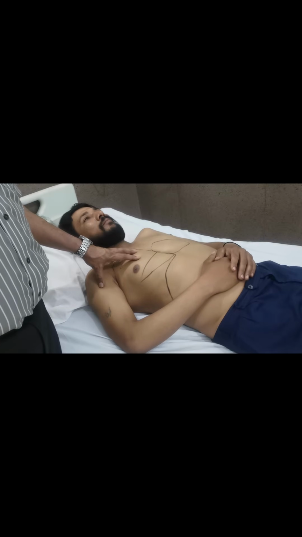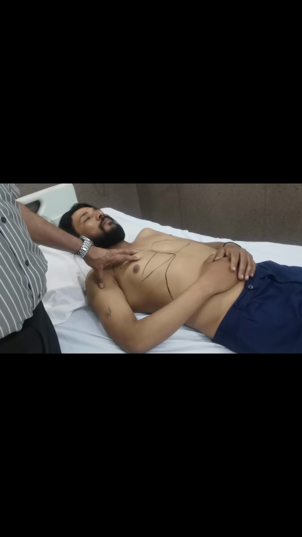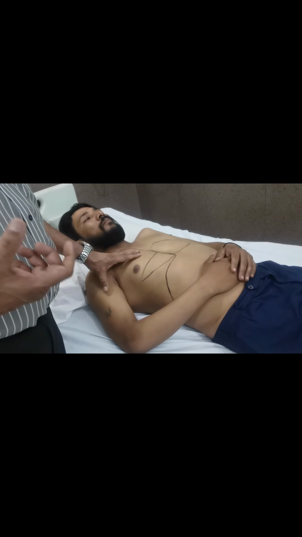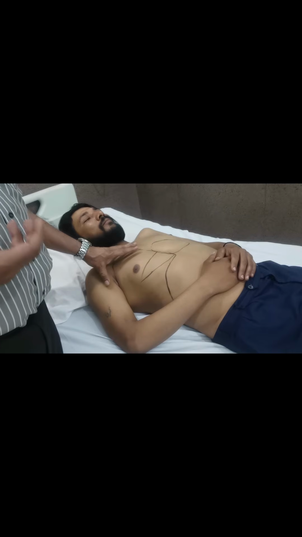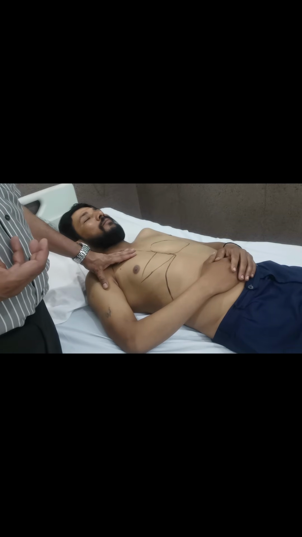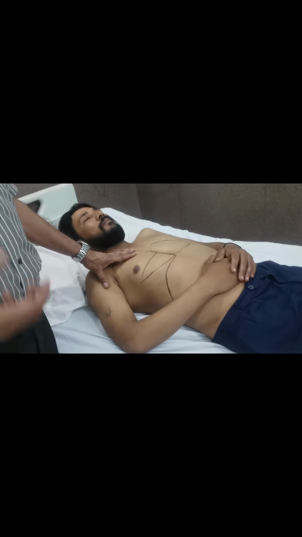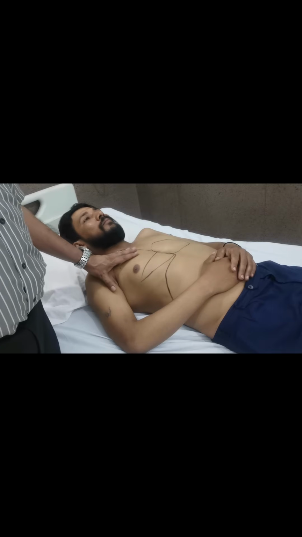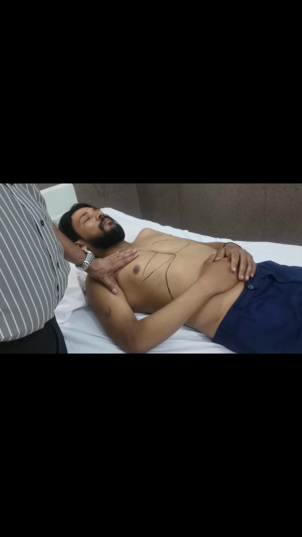Pan-inspiratory crepitations are like the sound of a velcro when you try to pull it apart. This type of sound, or the coarse or loud crepitations, you hear in patients with interstitial lung disease. Then another sound which you can hear is the pleural rub.